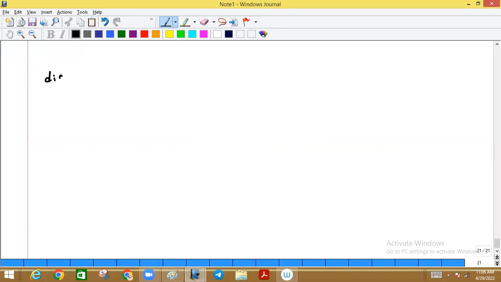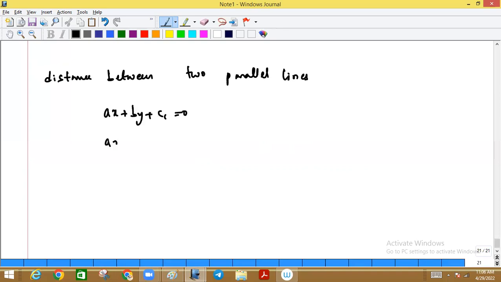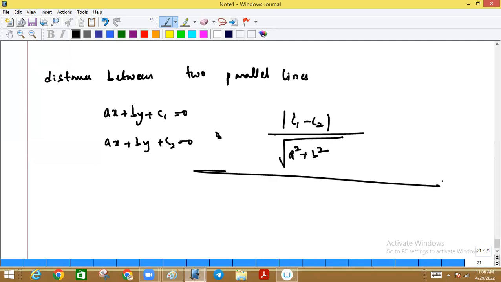Distance between two parallel lines ax plus by plus c1 is equal to 0 and ax plus by plus c2 is equal to 0 is (c1 minus c2) divided by under root of a square plus b square.